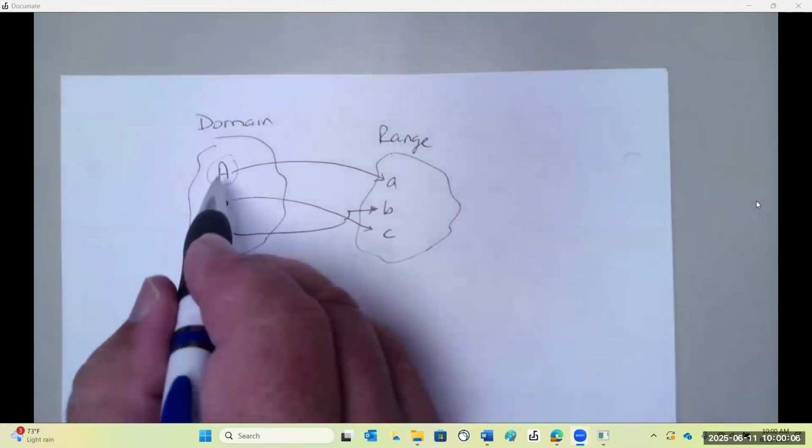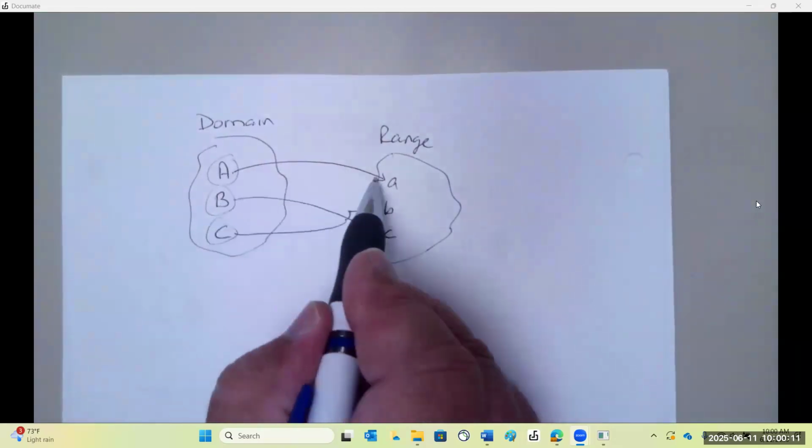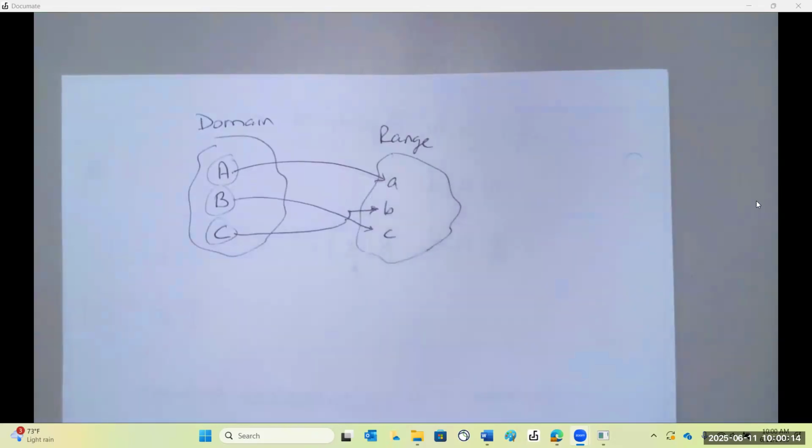Each element here sends one and one correspondence to only one member on the other side.